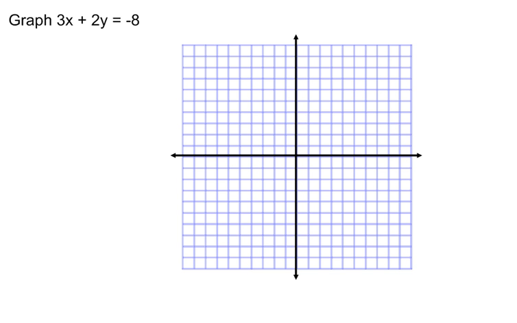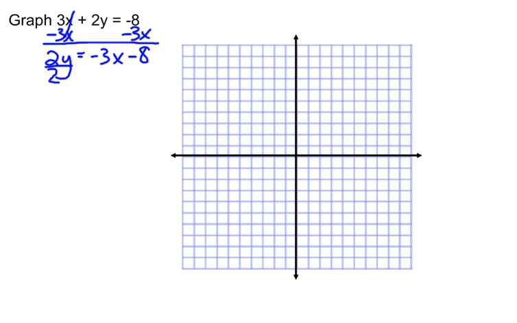The first thing we have to do is get y by itself. So we're going to subtract 3x from both sides and then get 2y is equal to negative 3x minus 8.